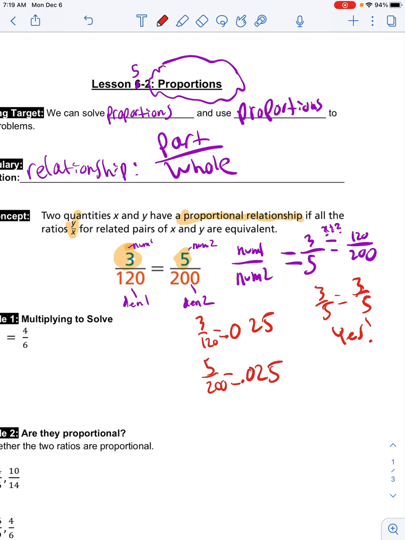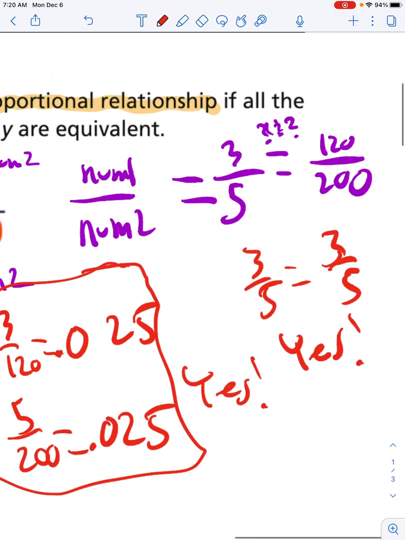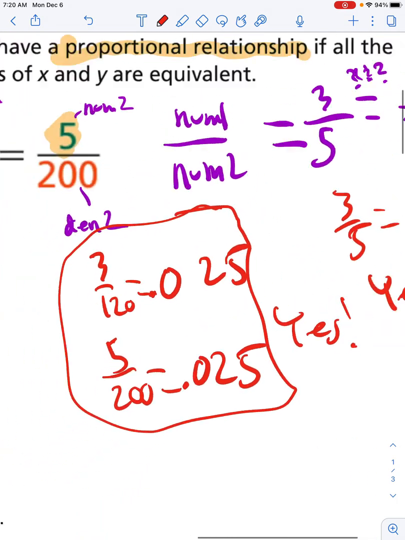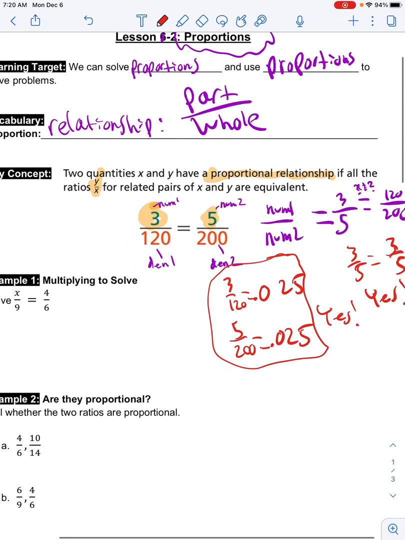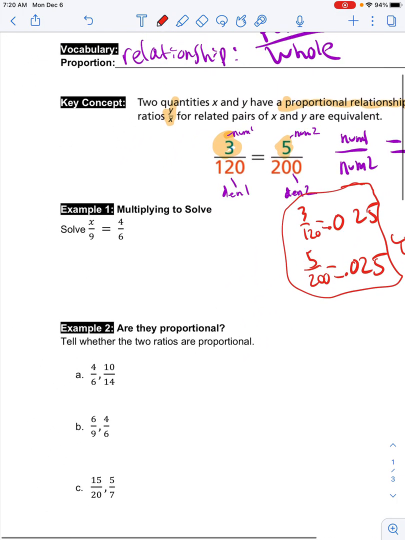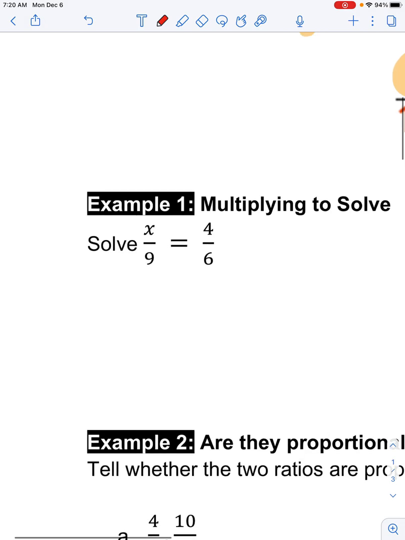You get the same exact thing, 0.025. So yes, it is proportional, because I'm checking these different relationships and I'm getting the same answer. I'm getting 3/5, I'm getting 0.025. So as long as I'm getting the same answers, I have a proportional relationship.